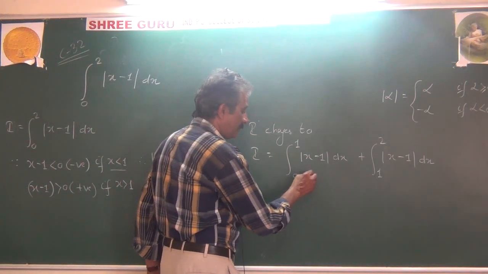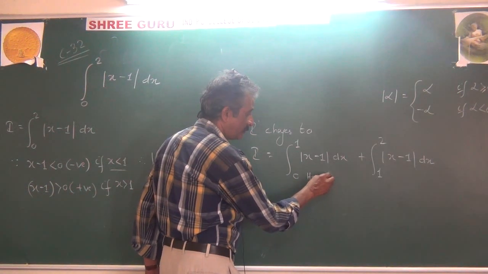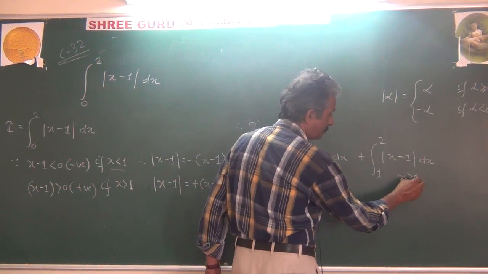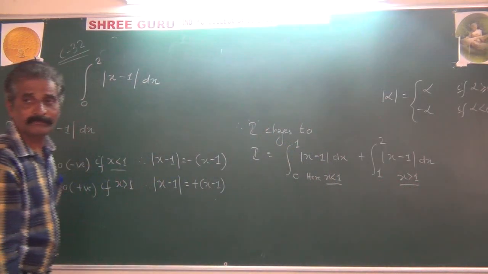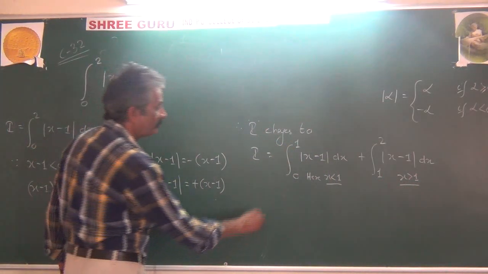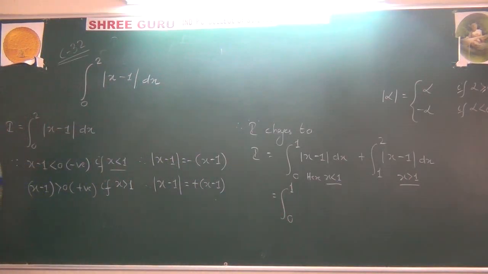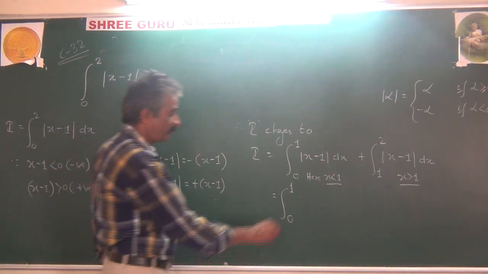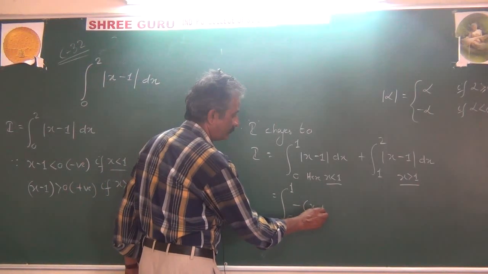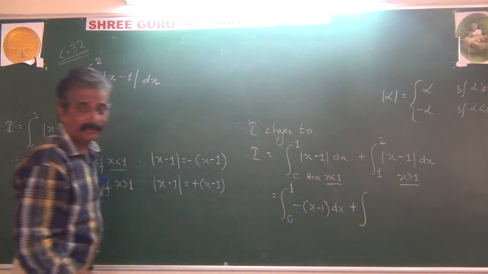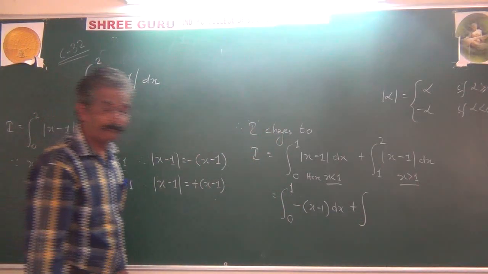So here x is less than 1, whereas here x is greater than 1. That is integration 0 to 1. So for x less than 1, how much is mod of x minus 1? Minus of x minus 1. For x greater than 1, how much is mod of x minus 1? Plus x minus 1.